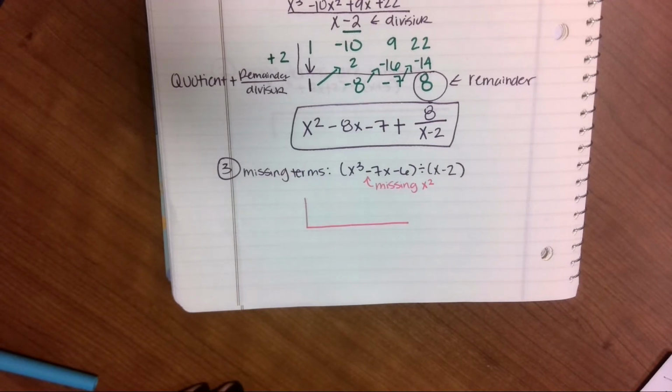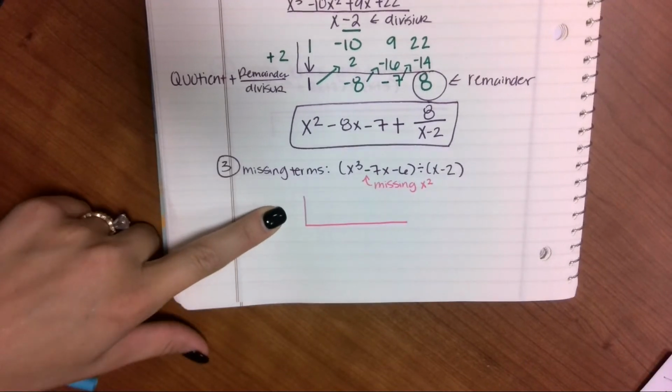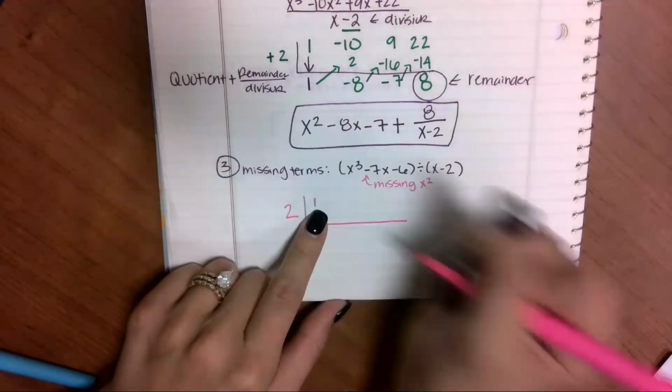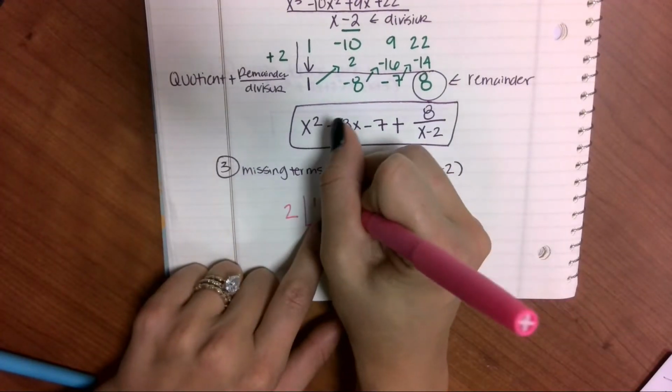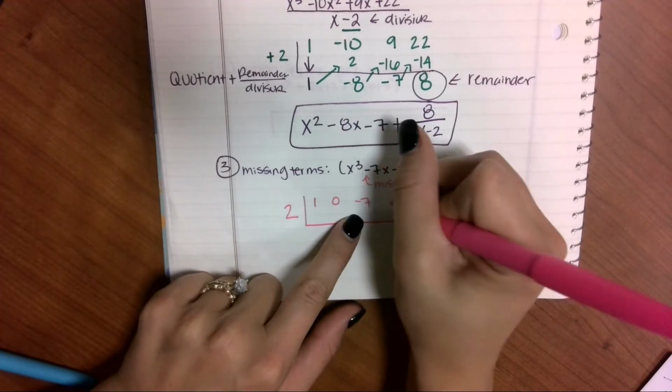Alright, what is going on the outside to the left? Positive 2. And then on the inside, I'm going to have 1. And then I'm going to put my 0 for the x squared. And then I'm going to have my negative 7 and then my negative 6.